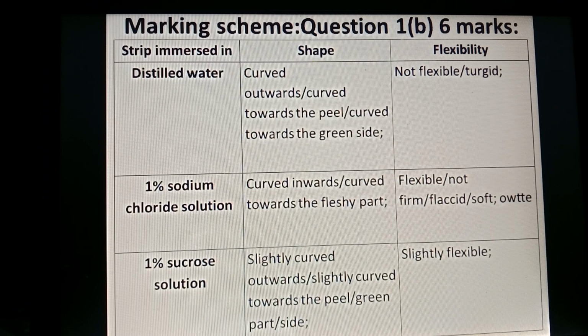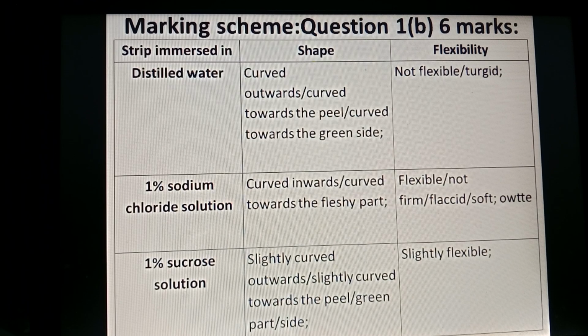The examination council marking scheme: when you immerse in distilled water, the strip is curved outwards, and you say not flexible, or you can say not turgid, or curved towards the peel, or curved towards the green side. All those answers are correct.